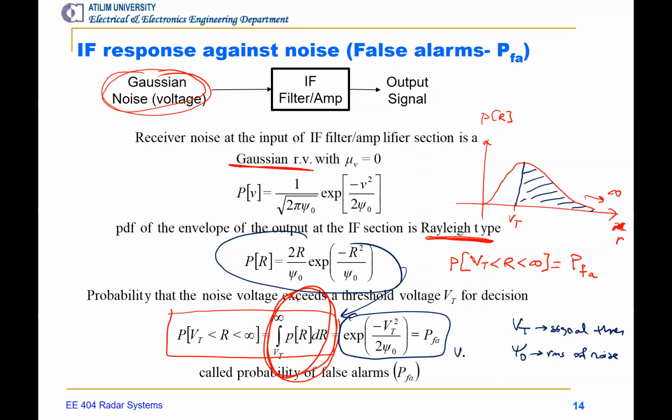Usually, this will be taken as the corresponding SNR, because Vt is signal, and Vt squared gives you power, right? Voltage squared is power. So the power of the signal divided by psi 0, which is the variance, so the RMS value of the noise, which refers to the power of the noise. So this ratio is simply the signal to noise ratio.